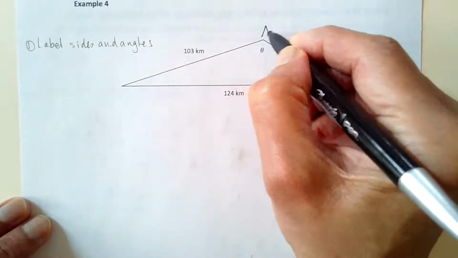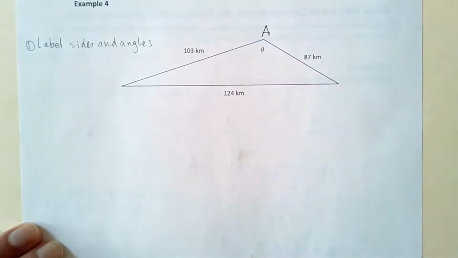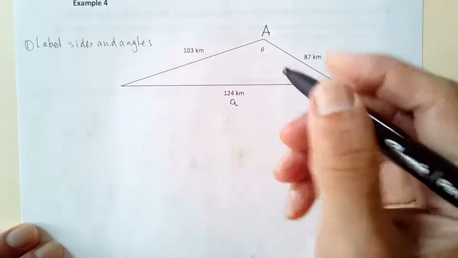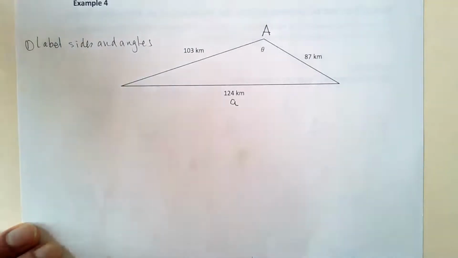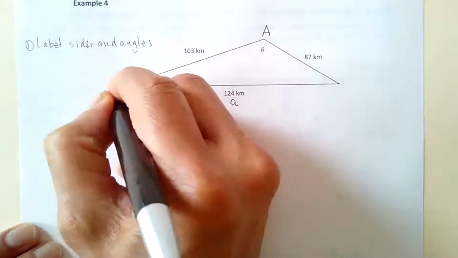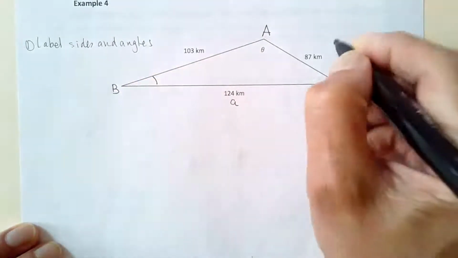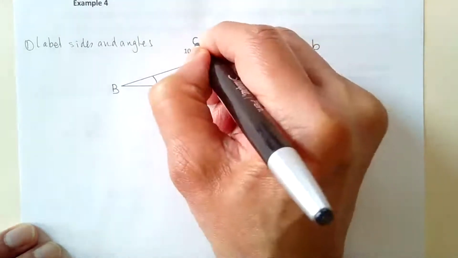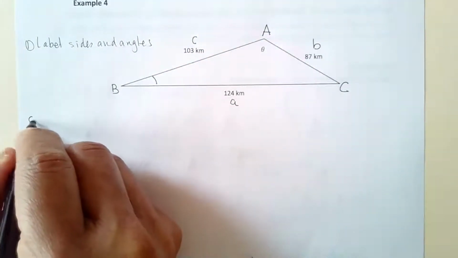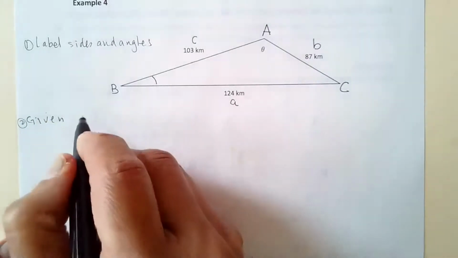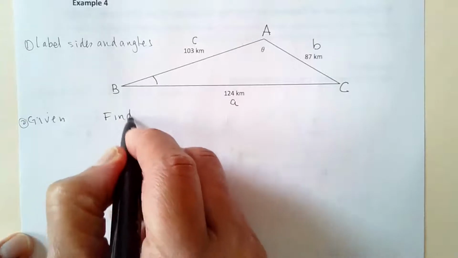Unknown angle A, therefore our side would be labeled opposite A. This is A, then label side B and side C. Step 2, record what was given and what you need to find.